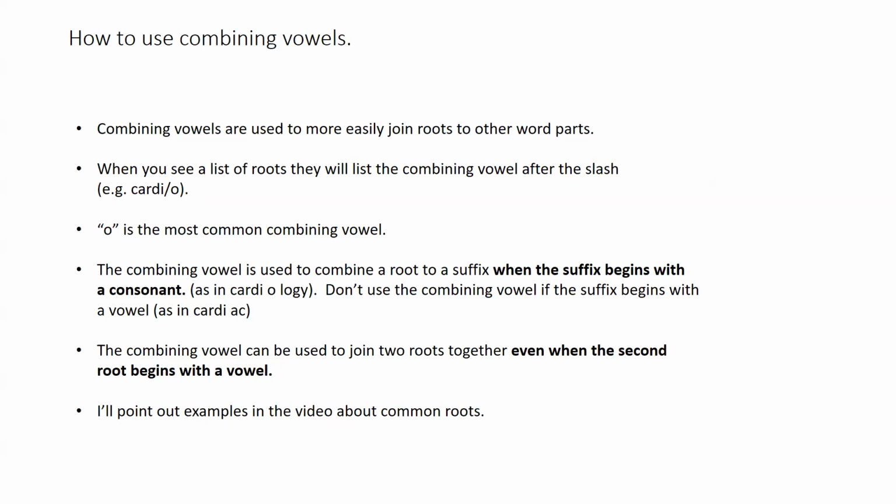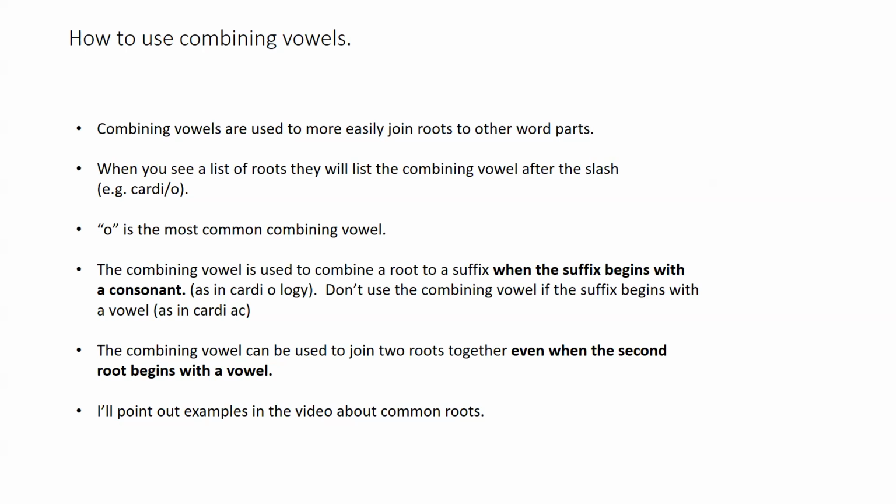When you see a list of roots for a given body system, you'll see it listed as the root slash and then the combining vowel that you use with that root. So for example, cardi is the root, O is the combining vowel. O happens to be the most common combining vowel, but sometimes you'll find others, E or I.